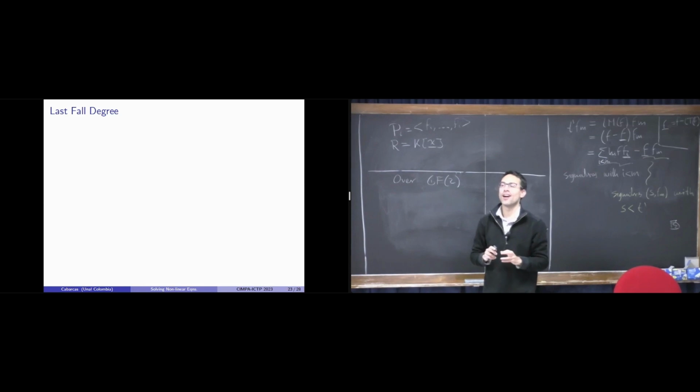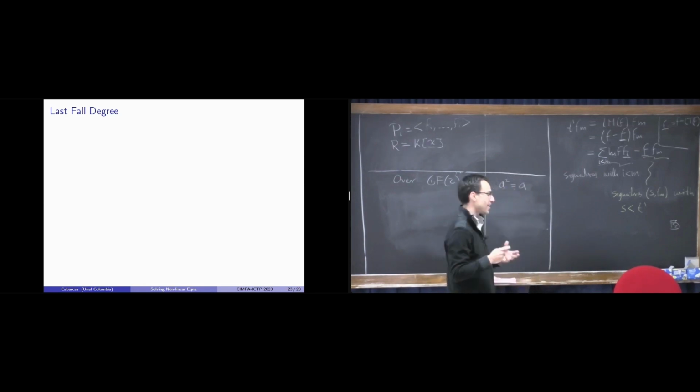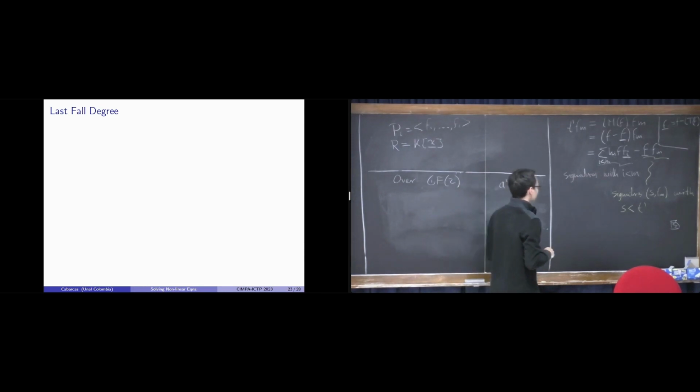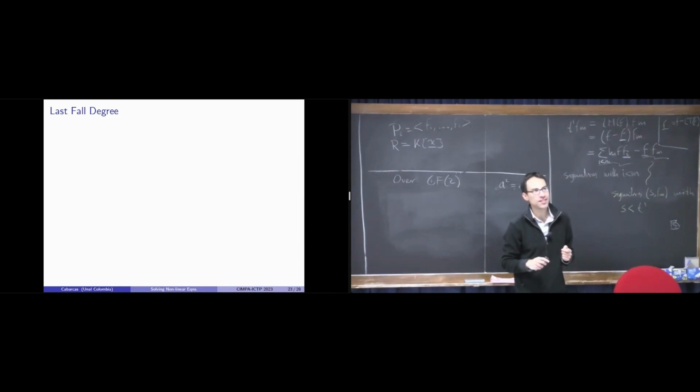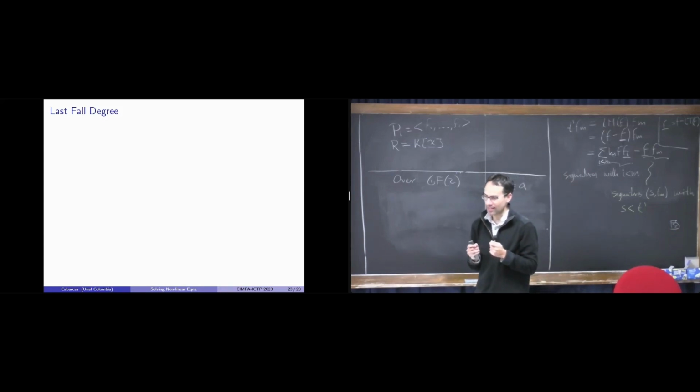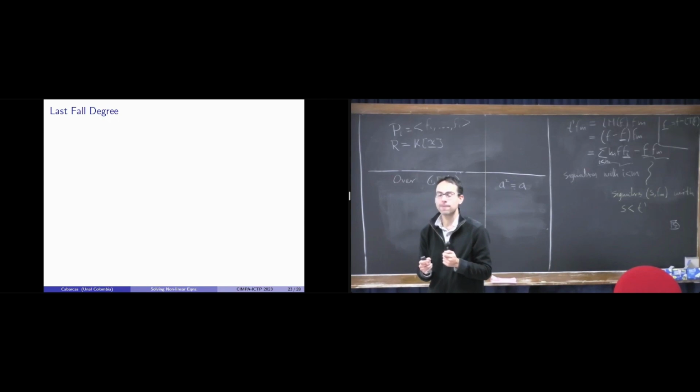There's more recently a notion of last fall degree, which is quite interesting. In a sense it's a better measure of the solving degree than the first fall degree for non-homogeneous systems.